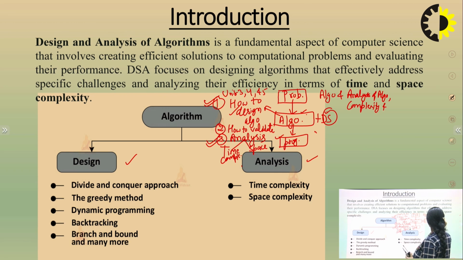And the rest are the sorting algorithms, which are the same as you have studied in last semester in data structure. Mainly you will study in unit 1 the definition of algorithm, and the analysis of algorithm means you will find the time complexity and space complexity, and then you will do the analysis.